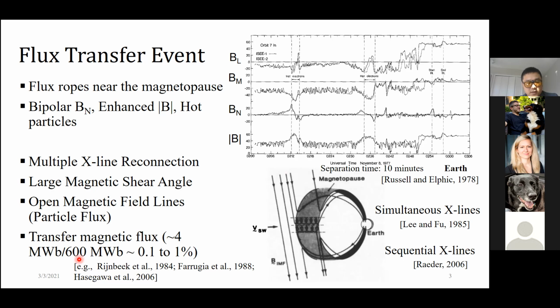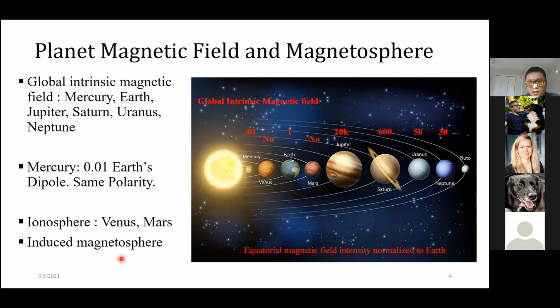Okay. And this page introduces the planetary magnetic fields in the solar system. We have 8 planets in the solar system, and 6 of them, as far as we know, have a global intrinsic magnetic field. That is Mercury, Earth, Jupiter, Saturn, Uranus, and Neptune.